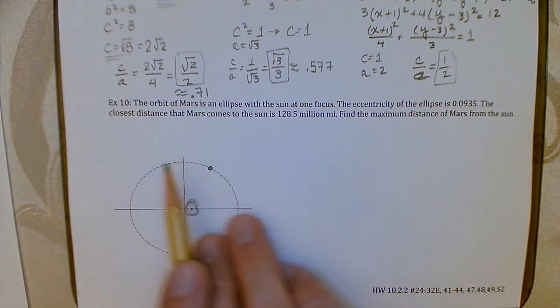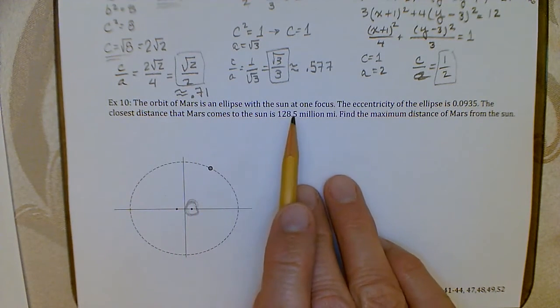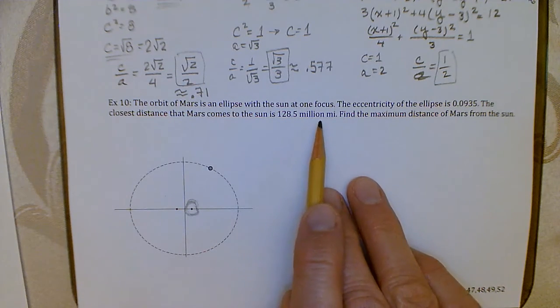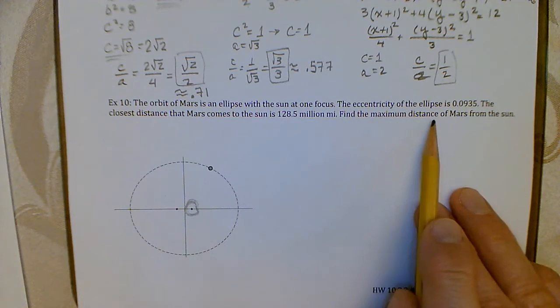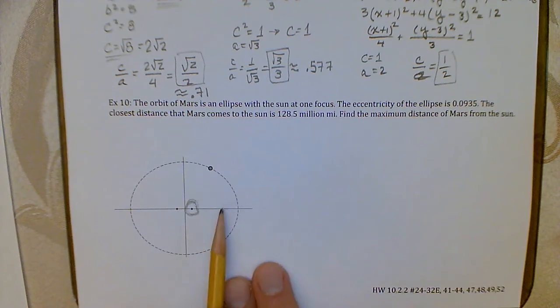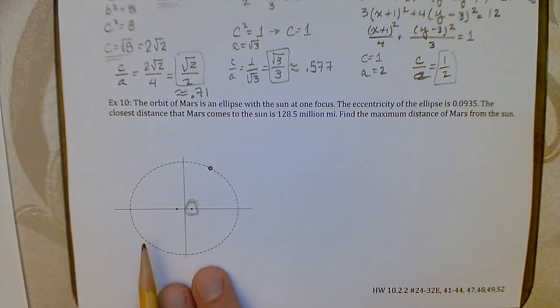Okay, the closest distance that Mars comes to the Sun, and again we're doing center to center, is 128.5 million miles. Find the maximum distance Mars is from the Sun. Because it's an ellipse, there are some times when it's closer and other times when Mars is further away.